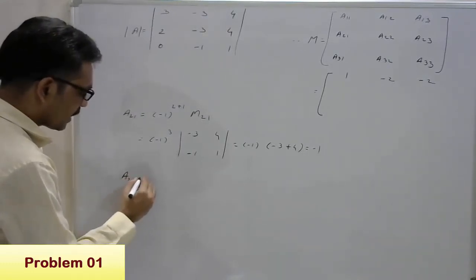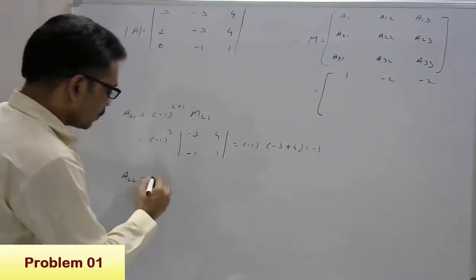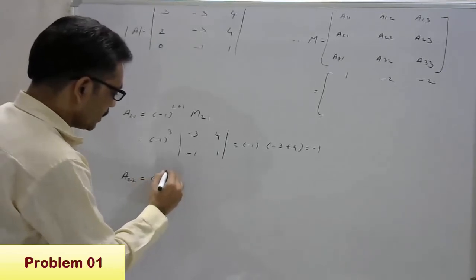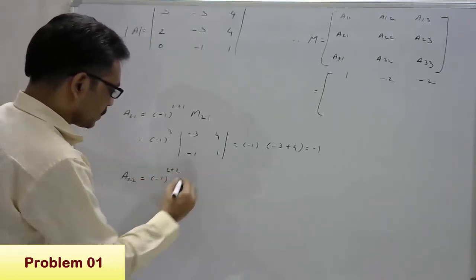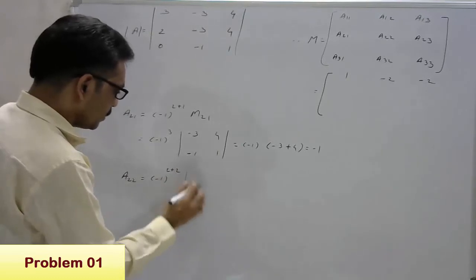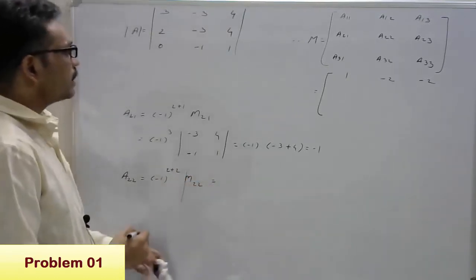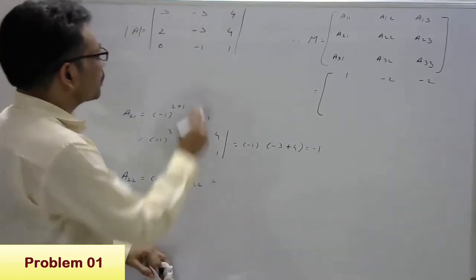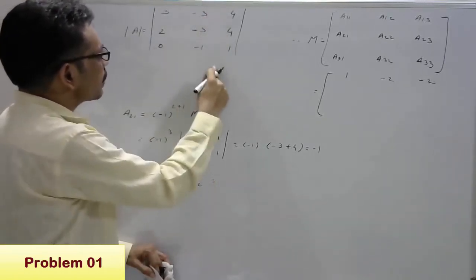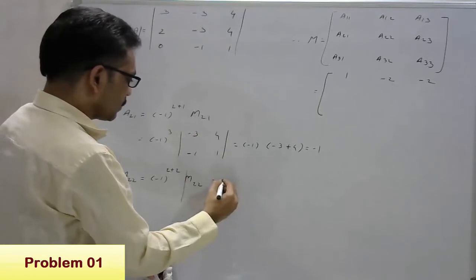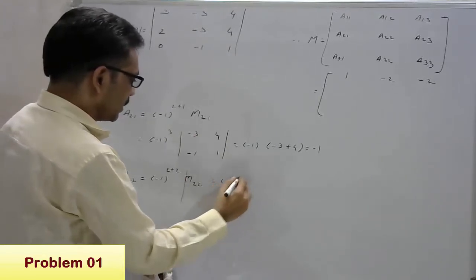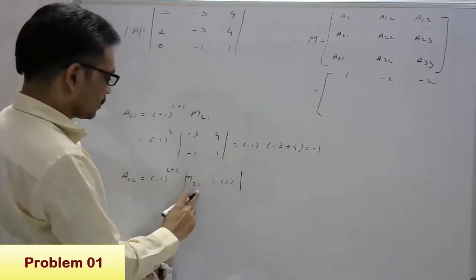Second element is A22. A22 is equal to minus 1 raised to 2 plus 2 into minor M22. The minor M22 is obtained by deleting the second row and second column. Therefore, this is equal to 1 into the minor M22.